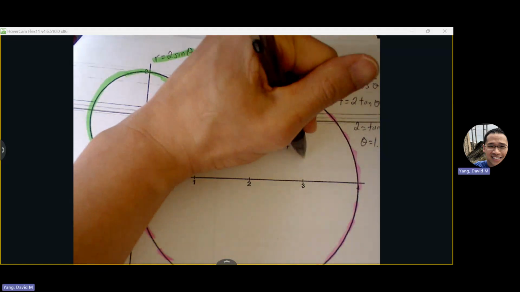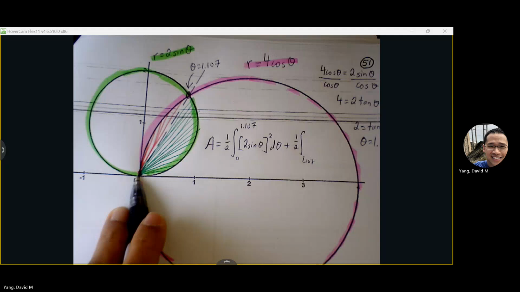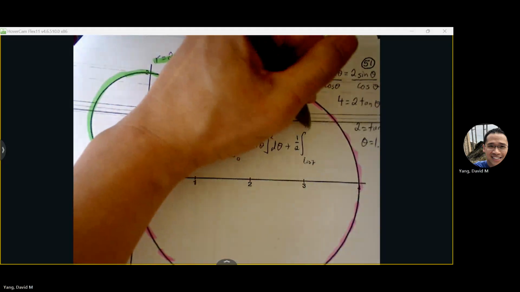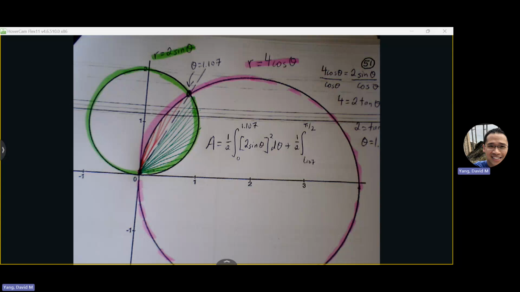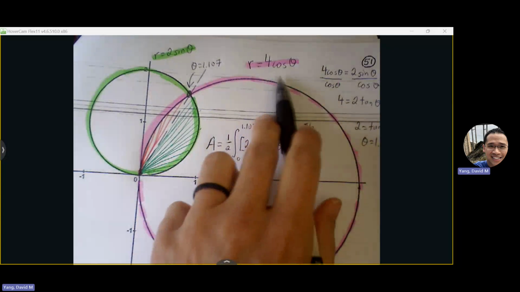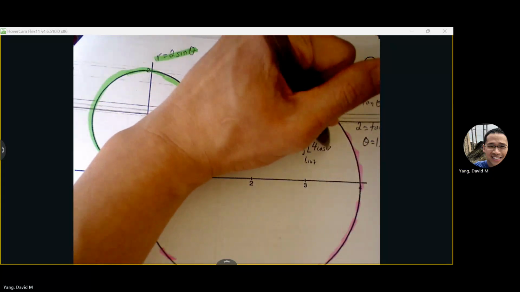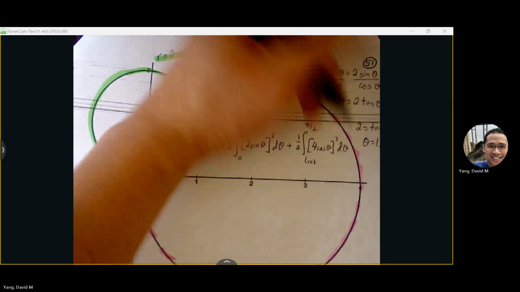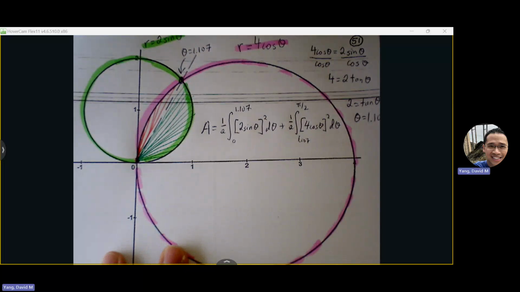plus 1/2 integral from 1.107 to pi over 2. So the remaining portion is going to involve the red graph, which is cosine theta. Does that make sense?